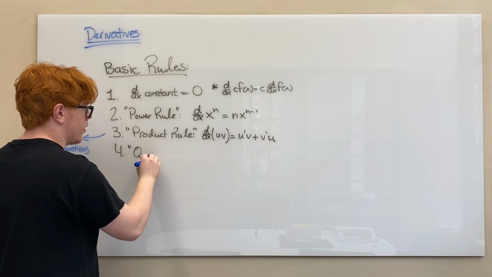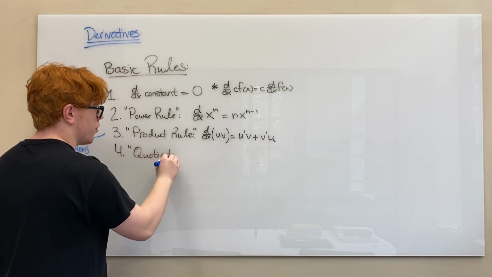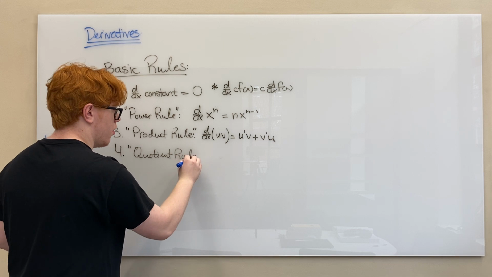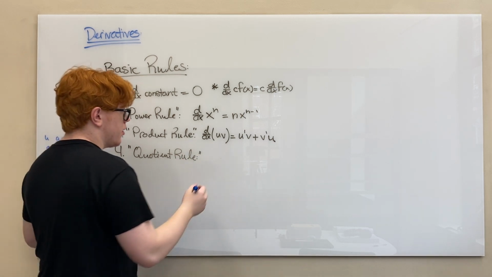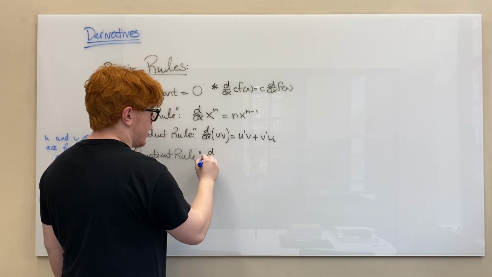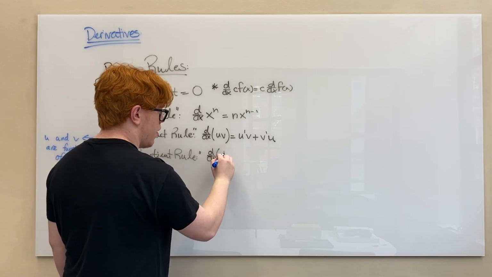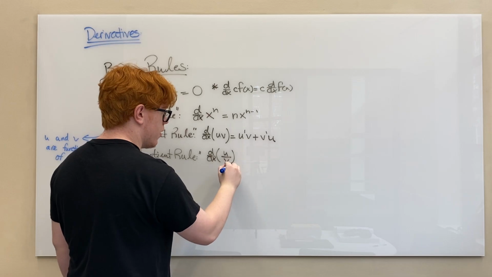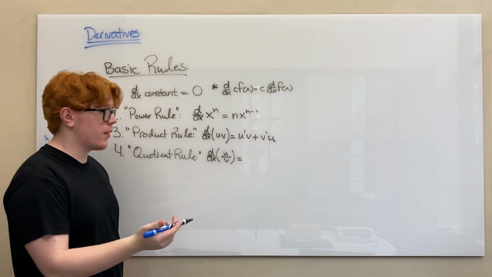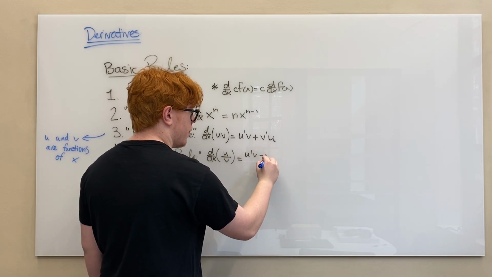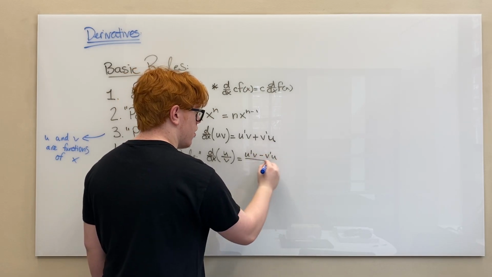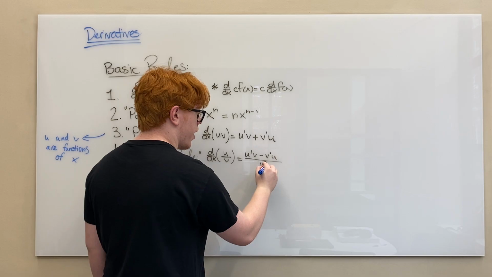Similarly, we have what is called the quotient rule. If you have d dx of u over v, the derivative is going to be equal to u prime v minus v prime u, all over v squared.